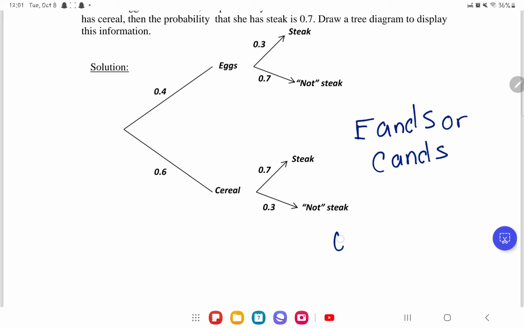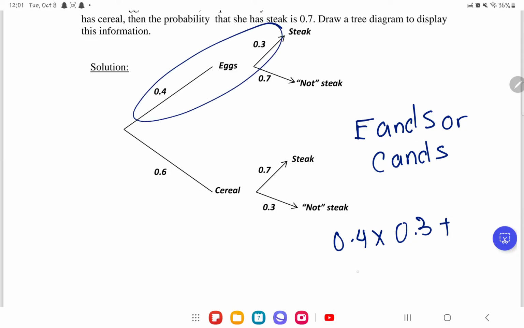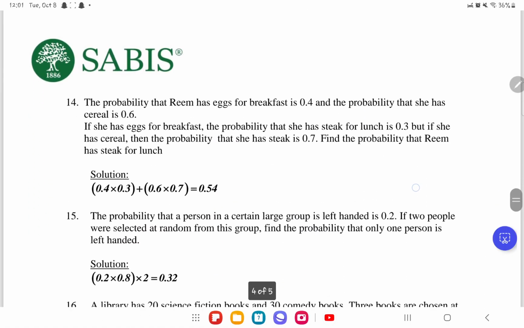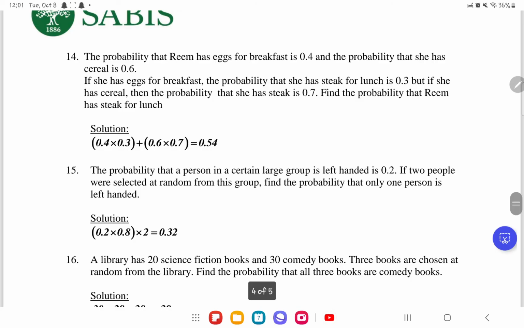So if she has eggs, it's 0.4, and "and" means times, steak is 0.3, or "or" means plus, cereal, the probability is 0.6 times the probability of steak, which is 0.7. And if we do it, 0.4 times 0.3 plus 0.6 times 0.7, it will be 0.54. So here the answer is 0.54.